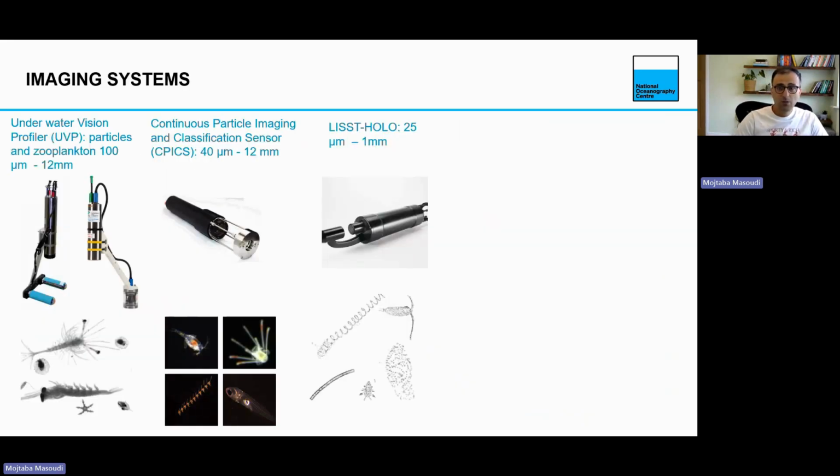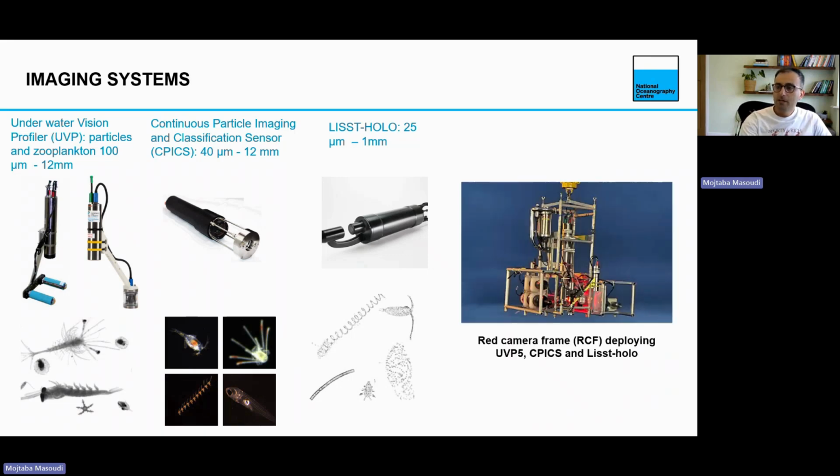Currently in-house, we have different types of imaging systems. We have underwater vision profilers, CPICs, and LISST-Holo imaging. Each of them targets different sizes of organisms, and obviously they have different modalities and appearances in the imaging.